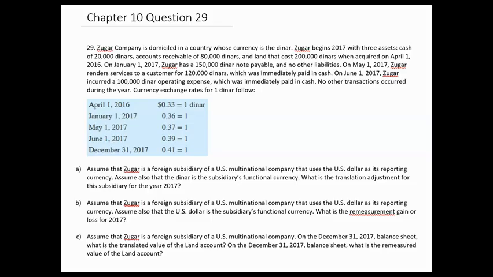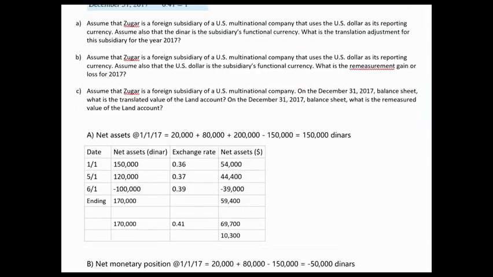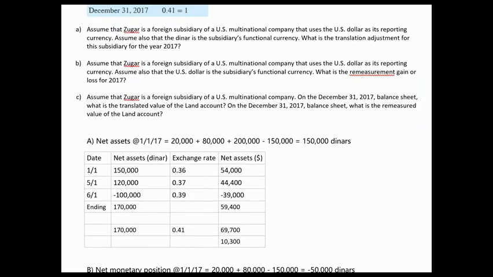So, similar to the prior question, we can solve this problem with these schedules, because here we'll assume that the foreign currency is the functional currency, which means that we are going to use the current rate method.